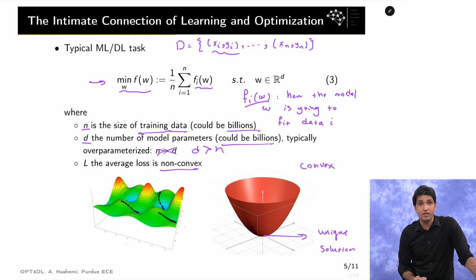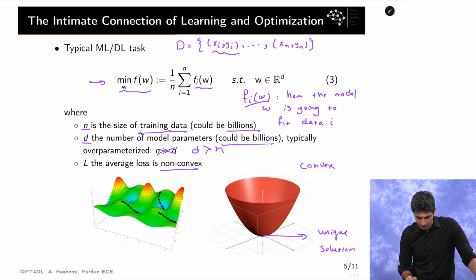On the other hand, the functions that we have to deal with in machine learning and deep learning, when we want to fit a specific model to data, are non-convex, meaning that the landscape is full of hills and valleys, and there may be a lot of solutions. So we are not guaranteed to find the best solution. In fact, in many cases, it matters where you initialize your algorithms, because in a lot of cases we have local algorithms.